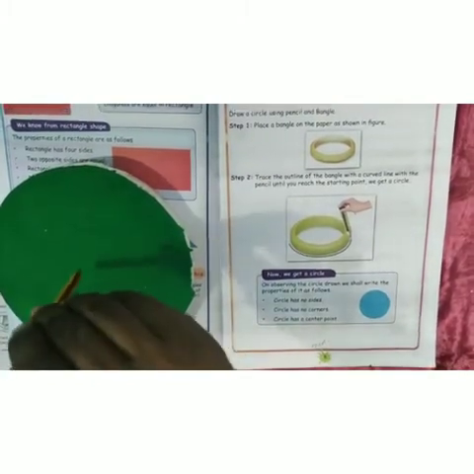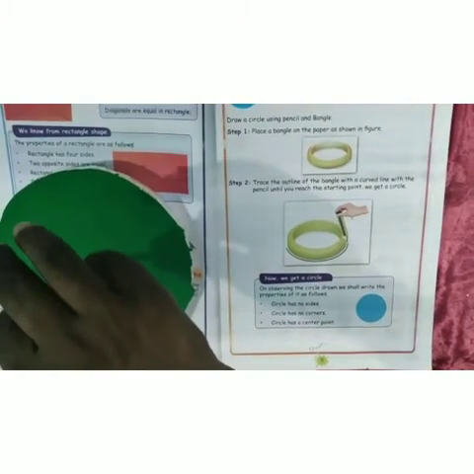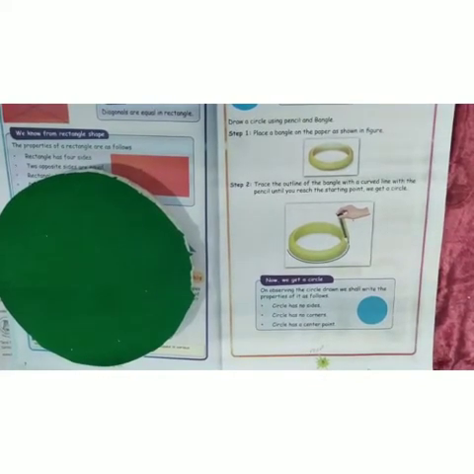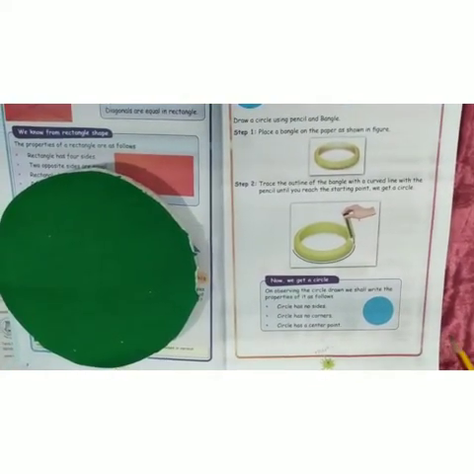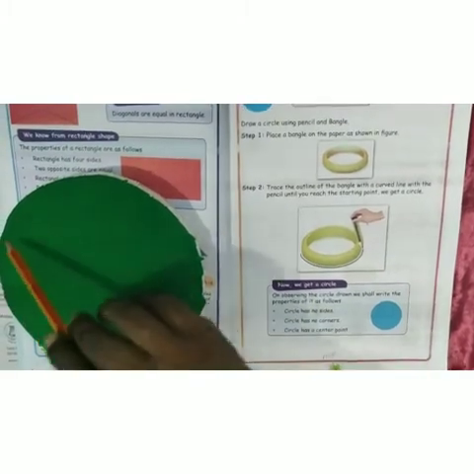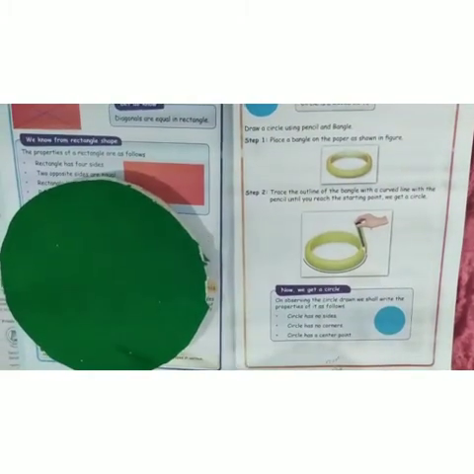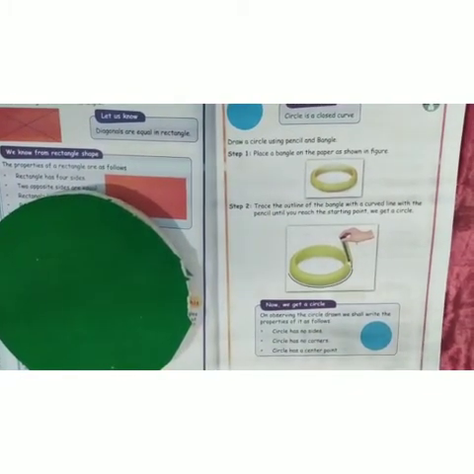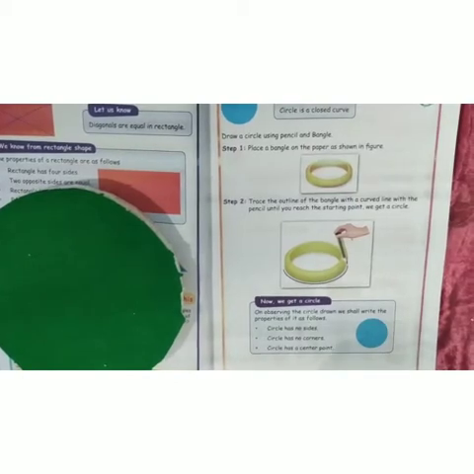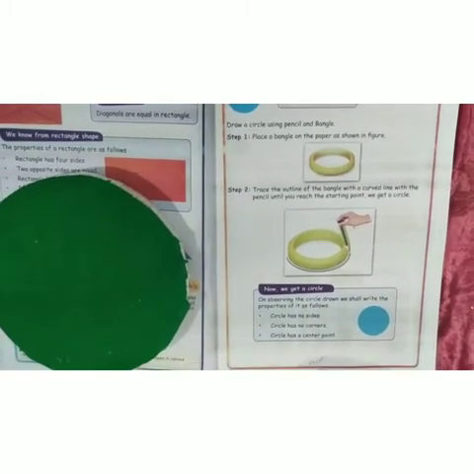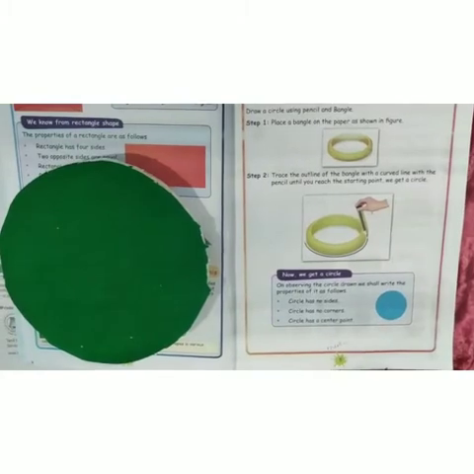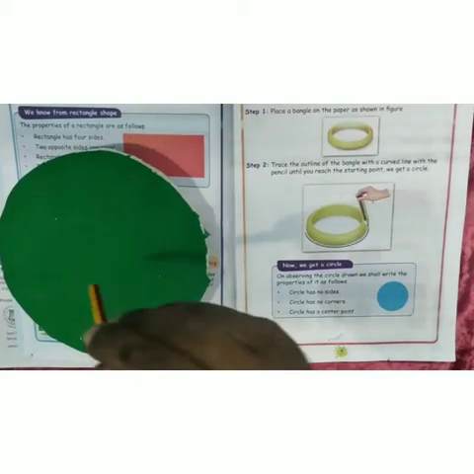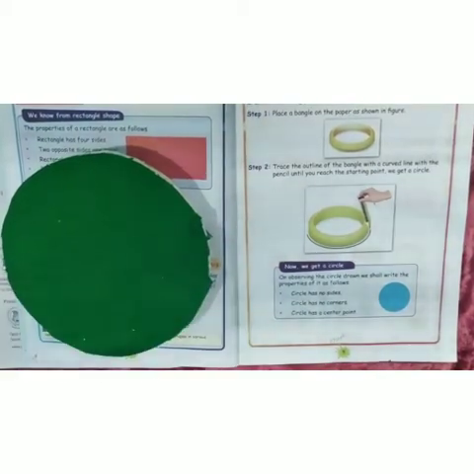But it has a center point. Like a ball. The circle you see here is fully occupied, but some circles, like a bangle, have an open inner part. So remember, children, a circle has no sides, no corners, and only a center point.